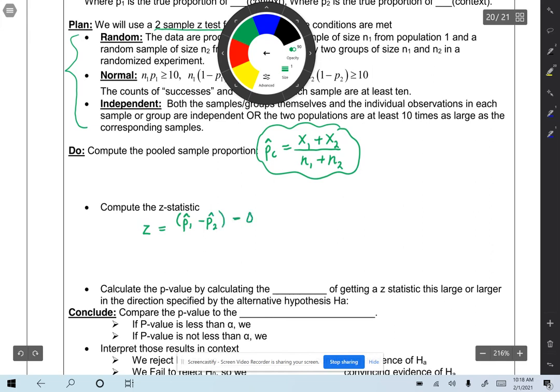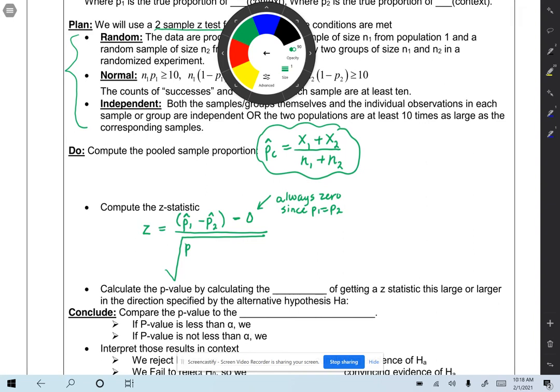And it's going to be 0 because P1 is equal to P2. So you can just leave that part out in your formula, because you're assuming there's no difference. Divided by the square root of that. So this is the standard deviation. So P hat C times 1 minus P hat C over N1 plus P hat C times 1 minus P hat C over N2, square root.